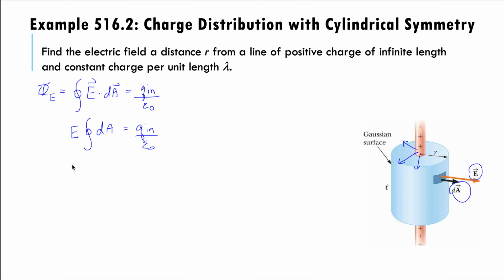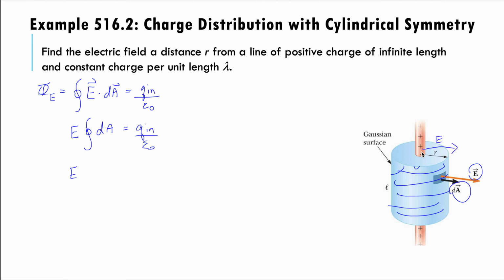So you may think at this point, well, let's find the surface area of a cylinder. However, we don't need the surface area of the entire cylinder because the flux is only through this curved part. If we look at the flat end here of the cylinder, we know that the field goes radially outward from the line of charge.